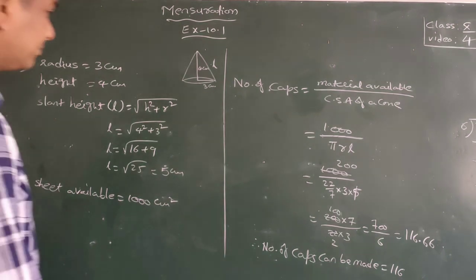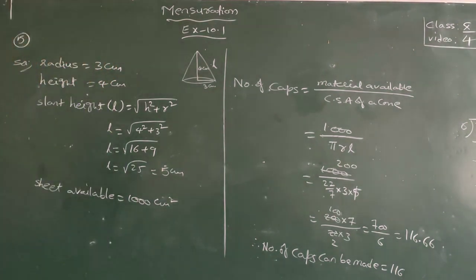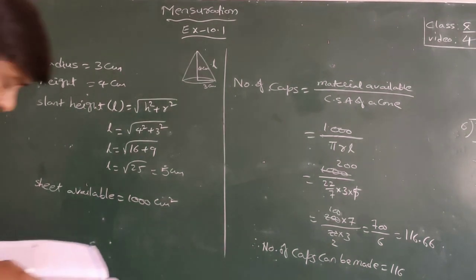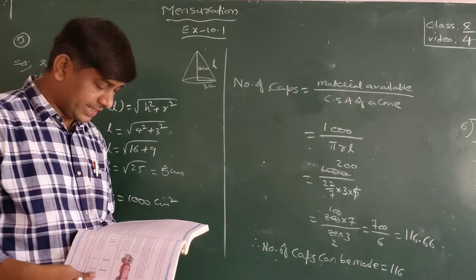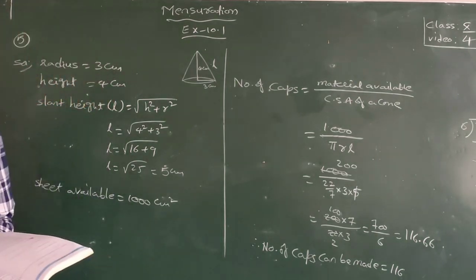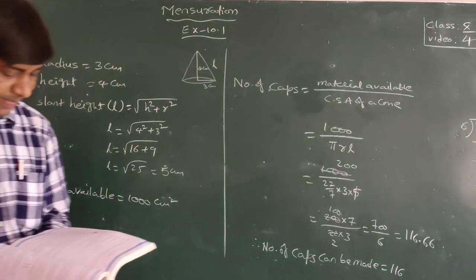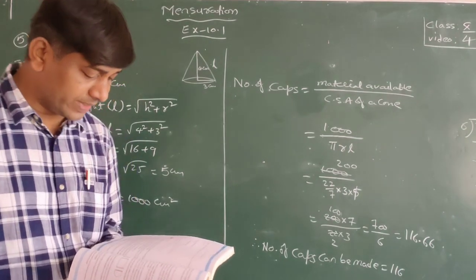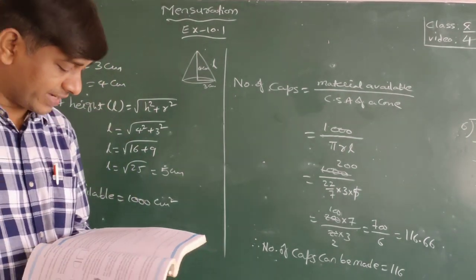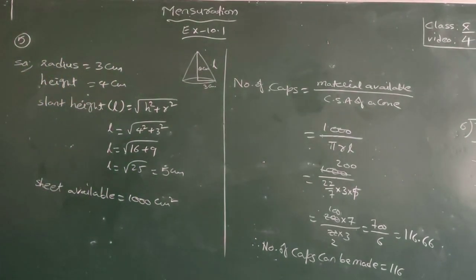Okay. See here what they have given. A self-help group wants to make joker caps, conical caps of 3 cm radius and 4 cm height. If the available color paper sheet is 1000 cm square, then how many caps can be manufactured from that sheet? Check out the calculation once again.